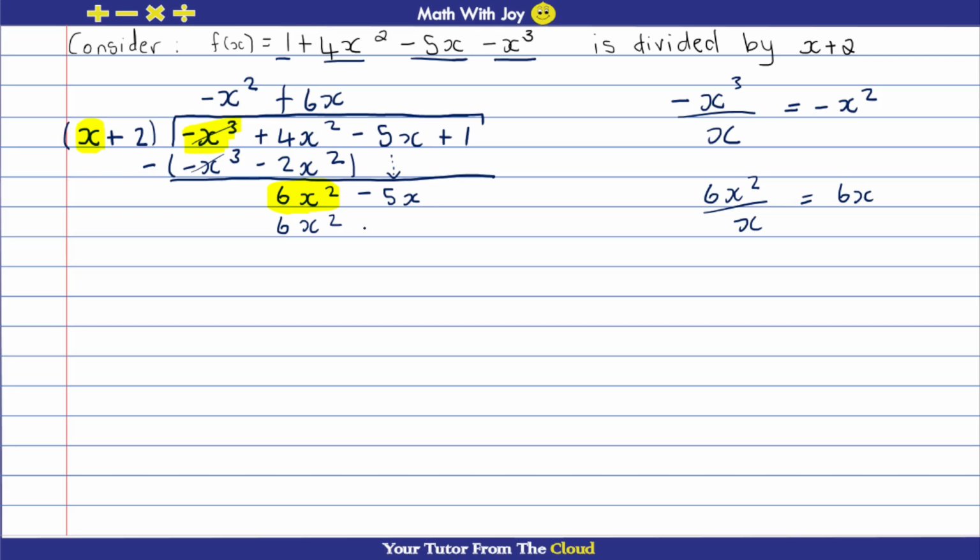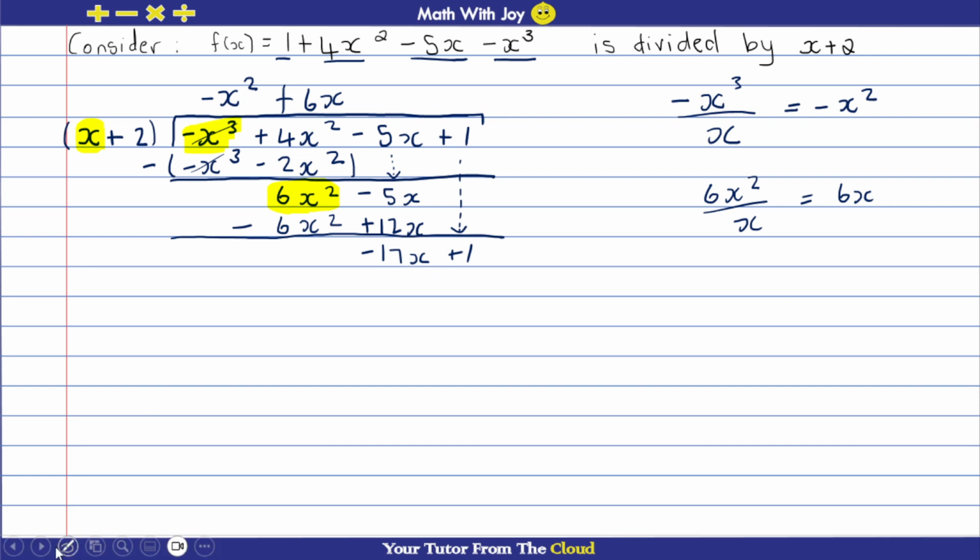That will be positive 12x. And now it's time to subtract. So 6x squared minus 6x squared is 0. Minus 5 minus 12 should give us minus 17. Yes, minus 17x. Then we bring down the last term that was there, which is the 1, so plus 1.